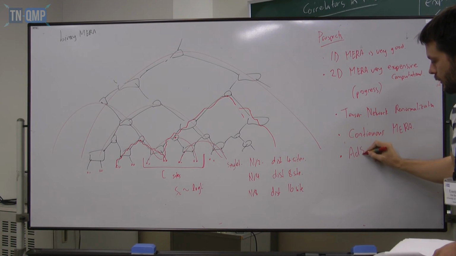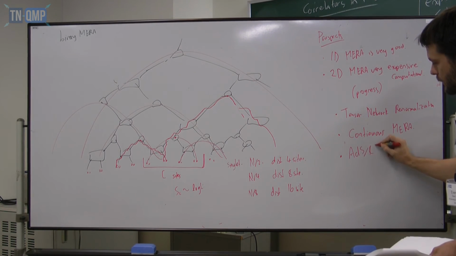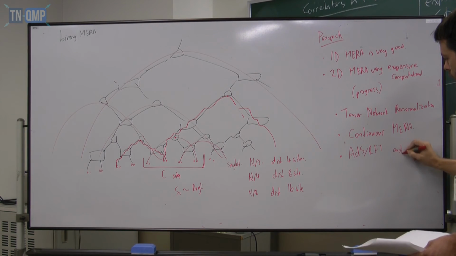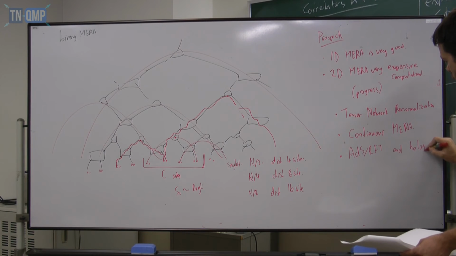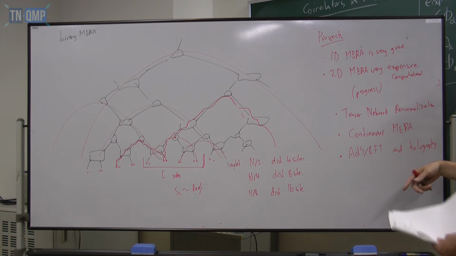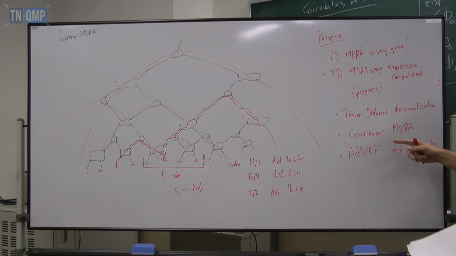And a lot of people are also interested in AdS/CFT and holography. Some people think that this MERA is a realization of the AdS/CFT correspondence, which is a correspondence between semi-classical gravity and conformal field theories.